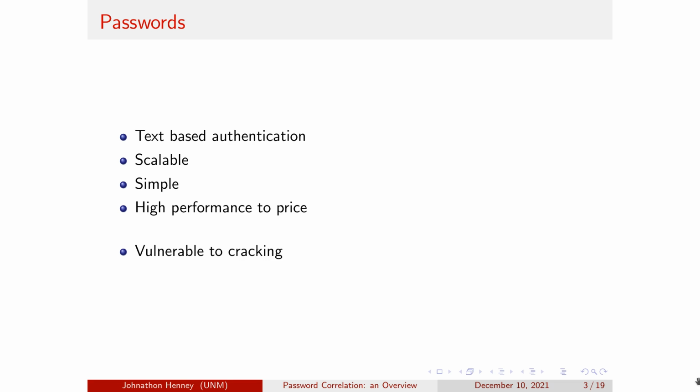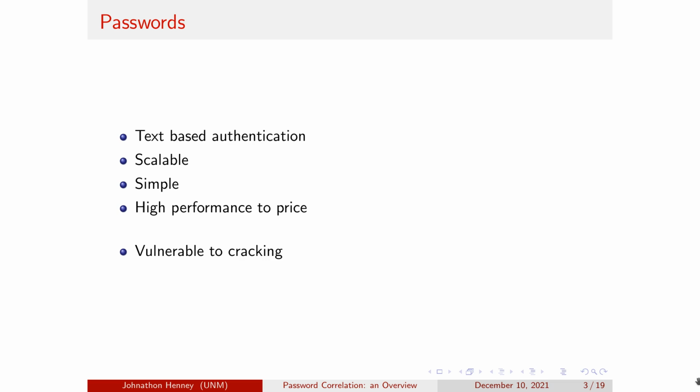So, passwords. They are text-based authentication where a user puts in text and is able to prove who they are by something that they know. This is a very old way of doing things in computers, and this is very scalable because they are able to make their passwords as long as they can remember and as long as the computer can handle, which is very long.